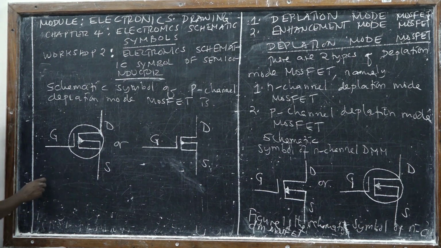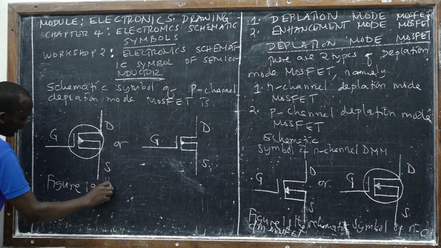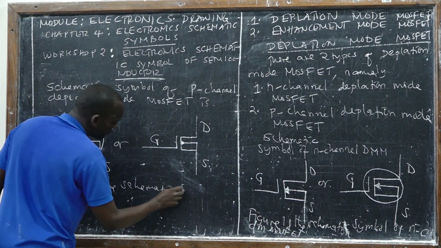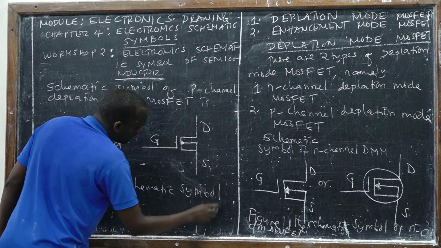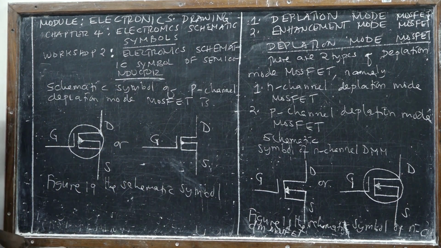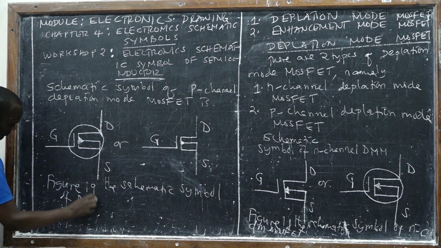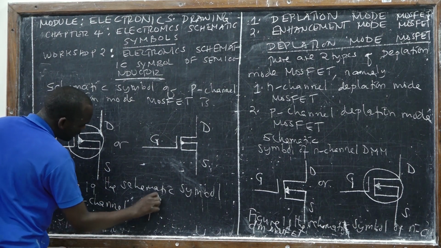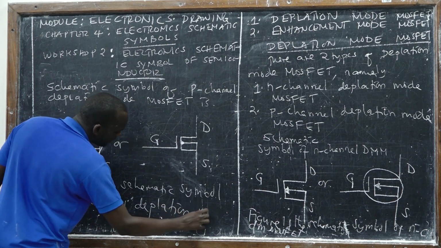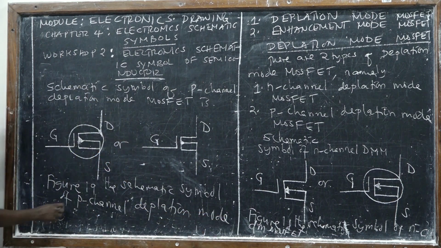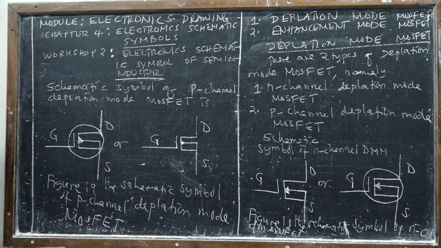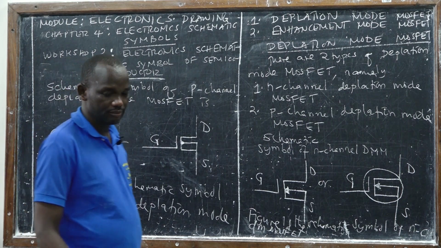So this is figure what? Schematic symbol of P channel depletion mode MOSFET.